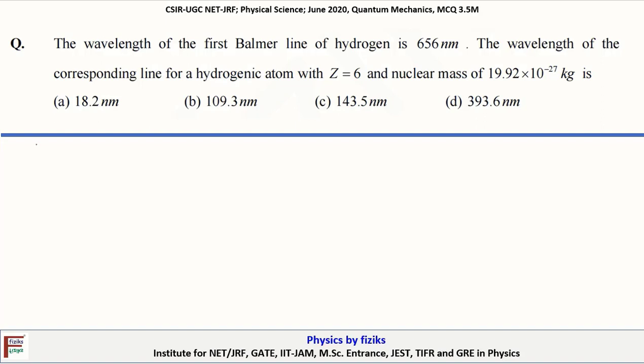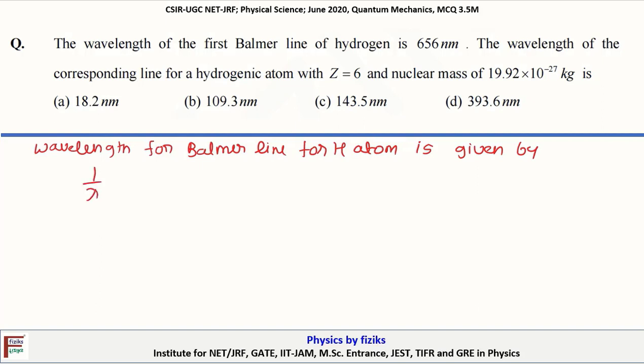So the wavelength for the Balmer line for the H atom is given by 1 by lambda equals R infinity Z squared (1 by 1 squared minus 1 by 2 squared). That is R infinity, and Z is 1 for the hydrogen atom.